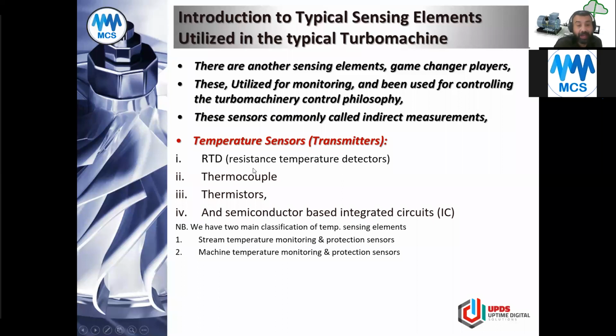For instance, if you have a GT and you would like to know the temperature of the exhaust, is this machine temperature monitoring, or is this a stream?